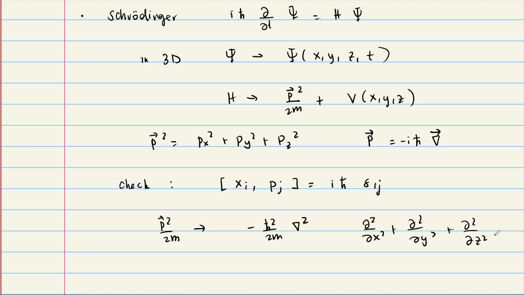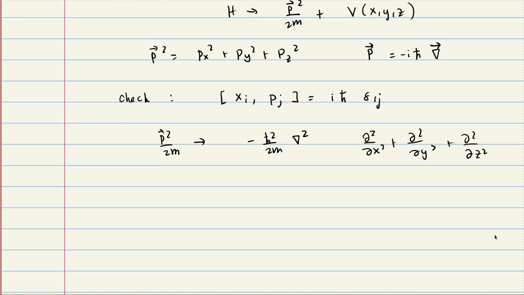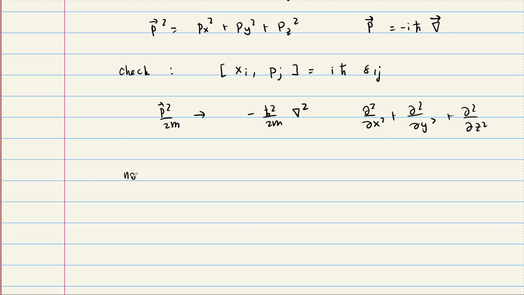Right? Normalization is also the same with more integrals. So rather than dx, we have d cube r over all volume. The integral of psi squared is equal to 1.